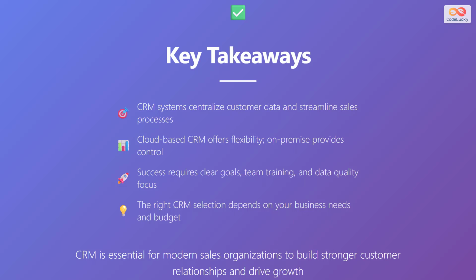The right CRM selection depends on your specific business needs, team size, integration requirements, and budget. Remember, a CRM is not a magic solution by itself. It's a tool that amplifies good sales processes and customer service practices. When implemented and used properly, CRM systems are essential for modern sales organizations to build stronger customer relationships and drive sustainable business growth.